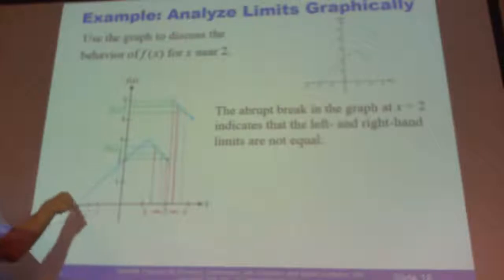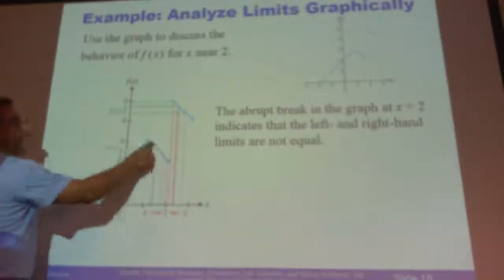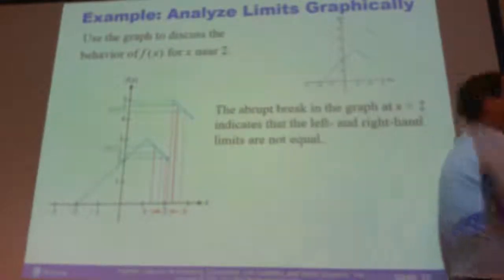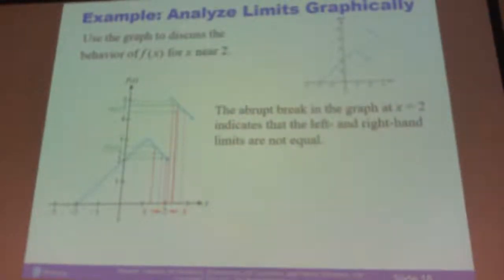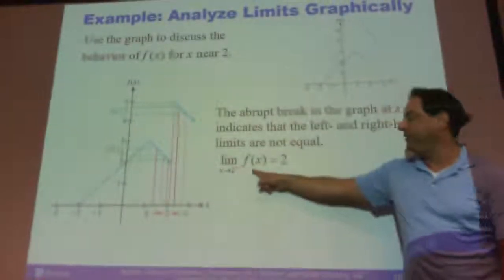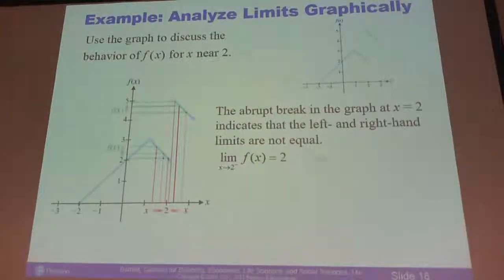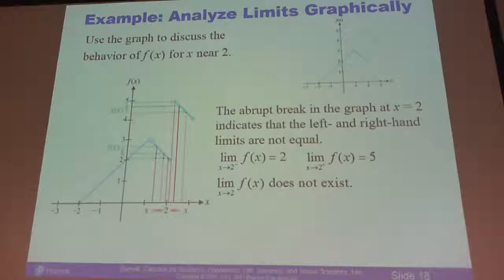And then I can't tell if it's filled. Yeah, it is filled in, so the answer would be 2. But are they approaching the same number? No. So in this case, the limit as we approach 2 from the left is 2. As we approach from the right, it's 5.